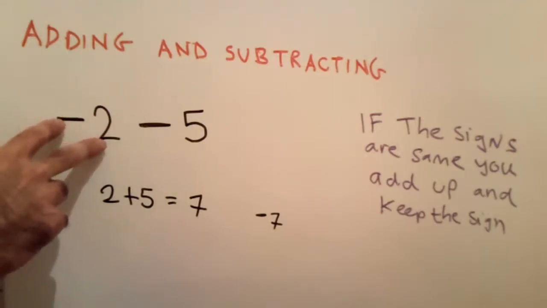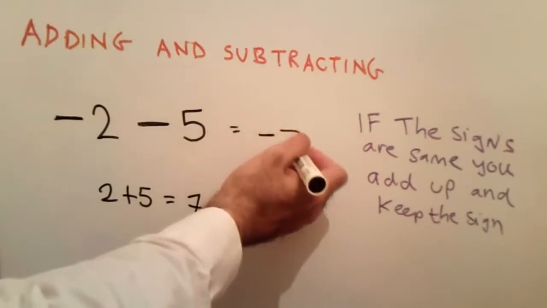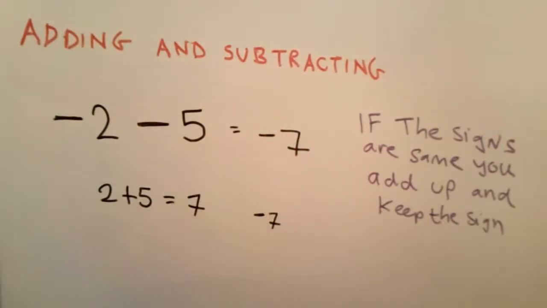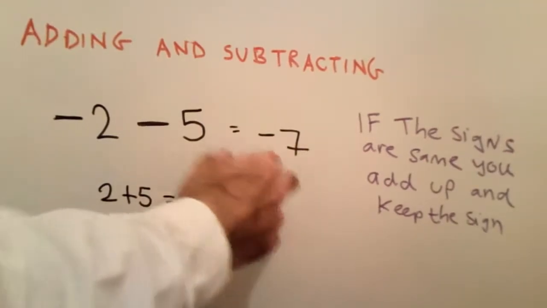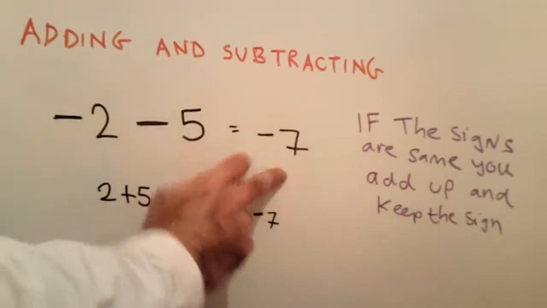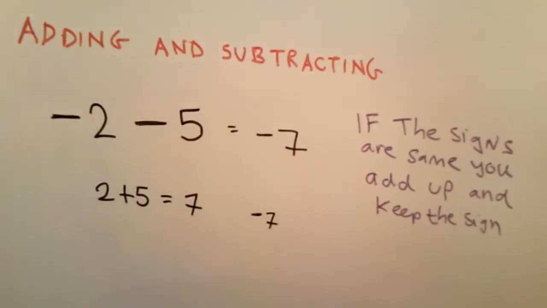So it's -2 take away 5 is equal to -7. What that's basically saying is you're at -2 on the number line, and you go to your left 5 places, which is -7.